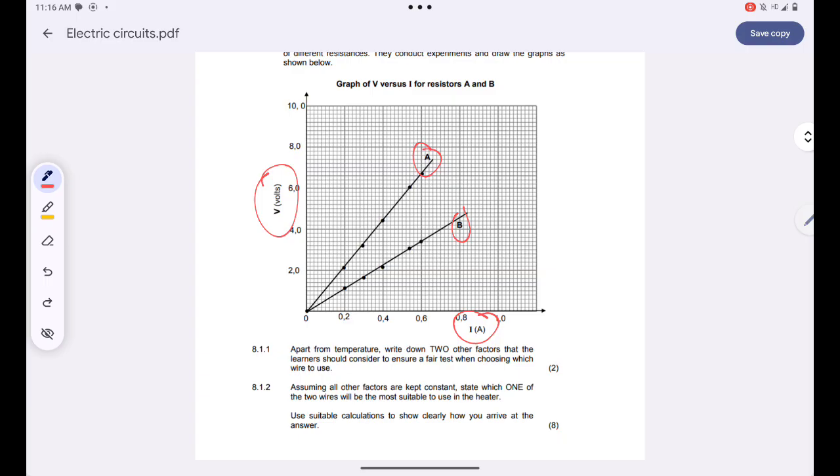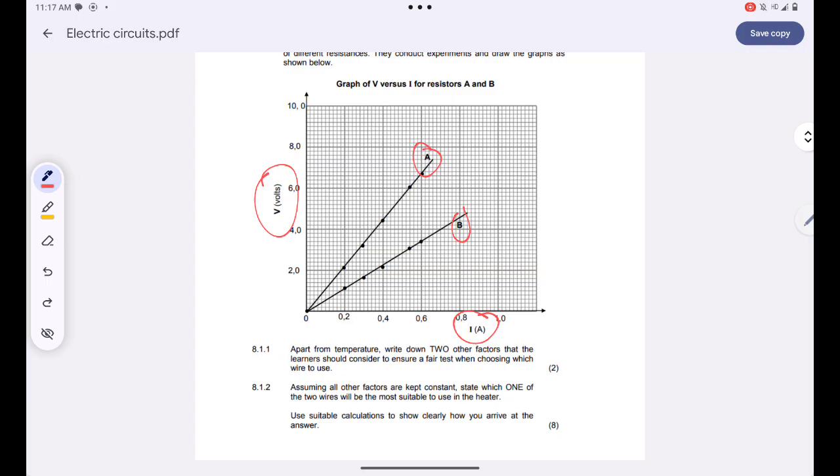Let's answer. Apart from temperature, write down two other factors that the learners should consider to ensure a fair test when choosing which wires to use. Firstly, the length of the wires must be the same, and secondly, the thickness of the wires must be the same as well.